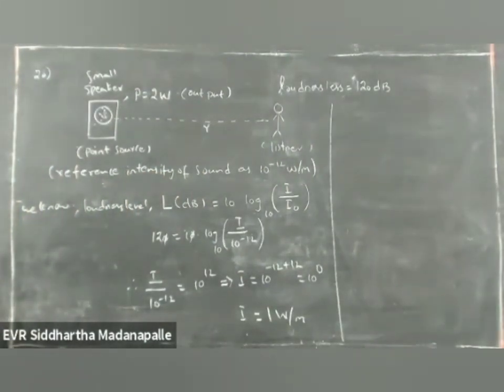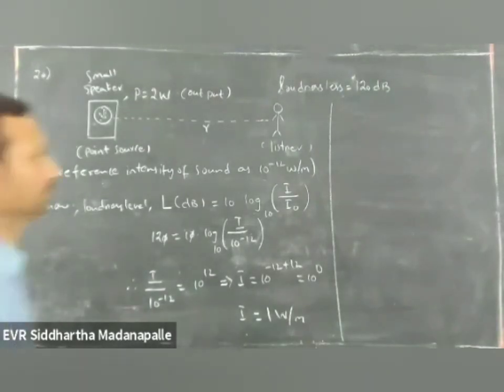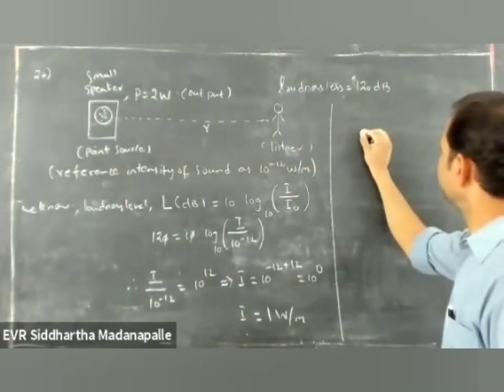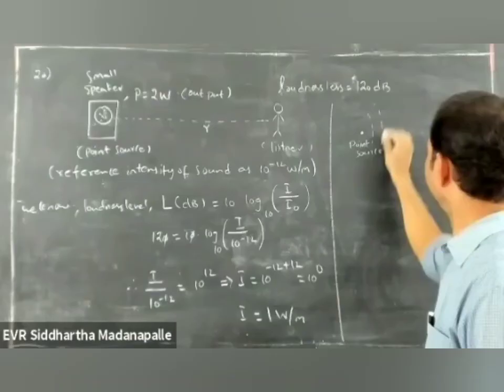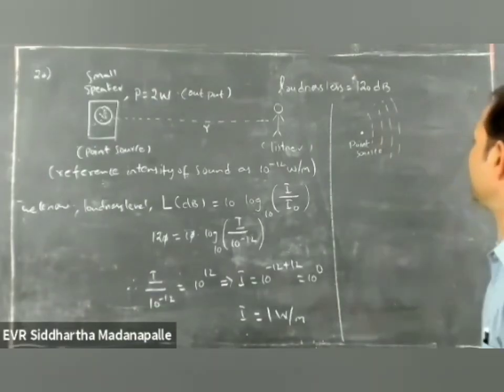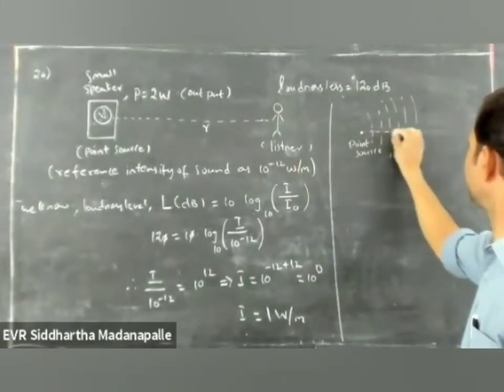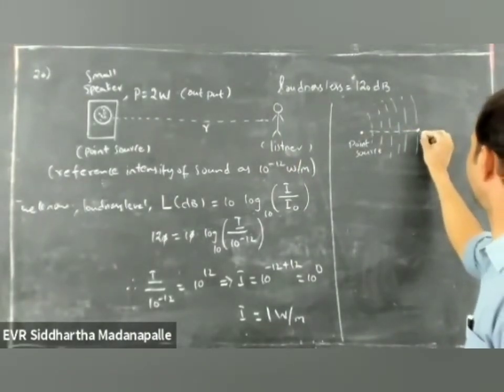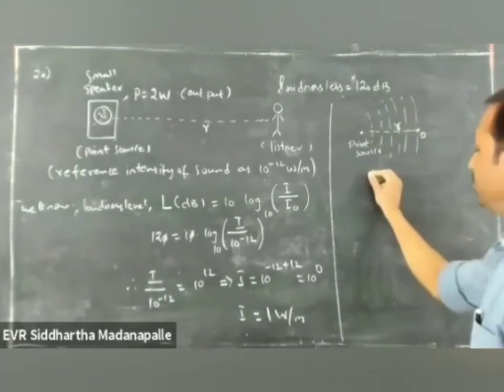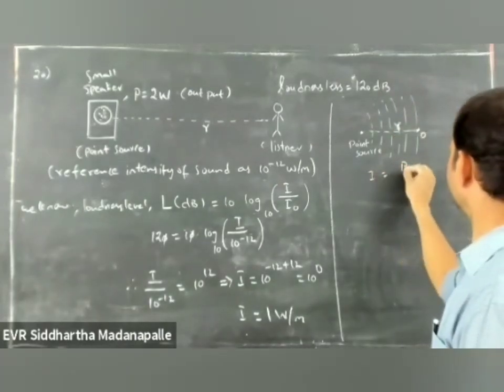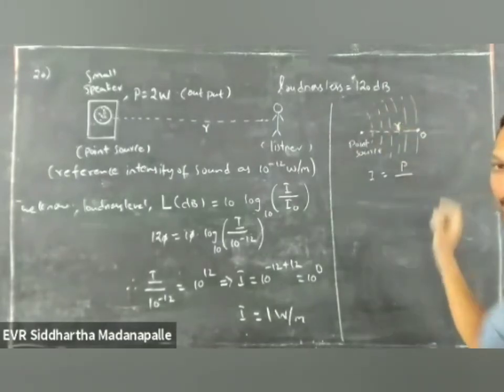Now, what is the intensity formula when the source is a point one? అంటే source వచ్చేసి point source, P by 4 pi r square. స్పెరికల్ లో ఉంటుంది కదా. సో పర్సన్ ఇక్కడ నుంచి ఎంత డిస్టెన్స్ లో ఉన్నాడు, r అనే డిస్టెన్స్ లో ఉన్నాడు అనుకుందాం. సో ఇంటెన్సిటీ is equal to power by area.